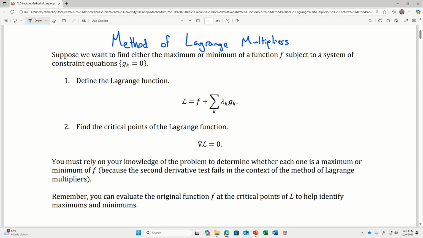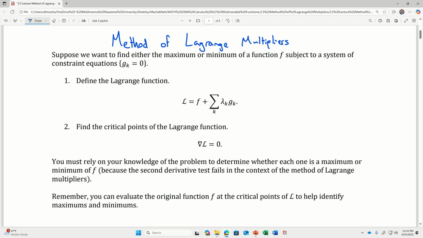First, step one, define what we call the Lagrange function. And that's usually a stylized capital L. And that's going to be equal to the function I'm trying to optimize plus the sum of all of the left-hand sides of those constraint equations, where you set the right-hand side equal to 0, and the left-hand side is everything else.